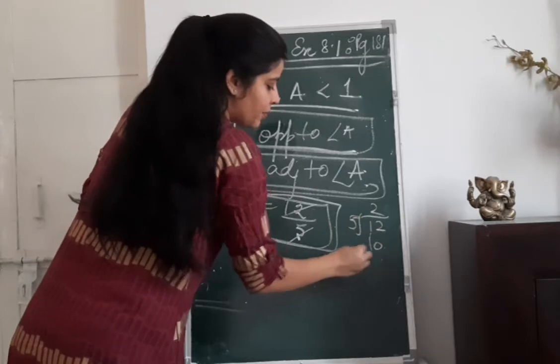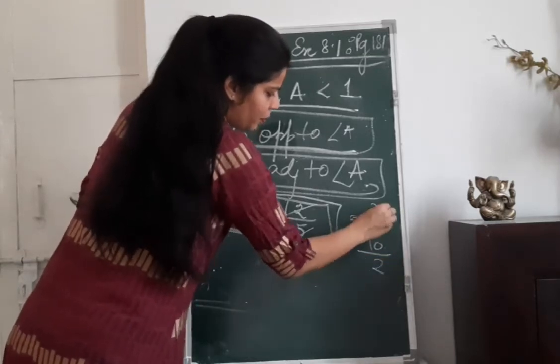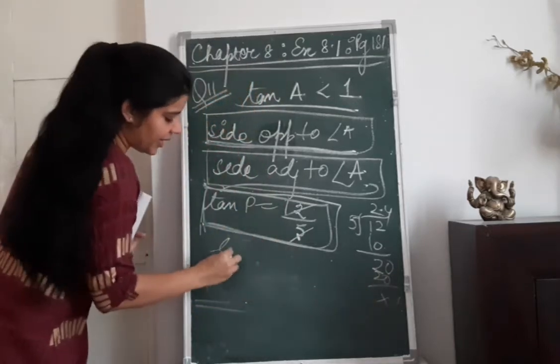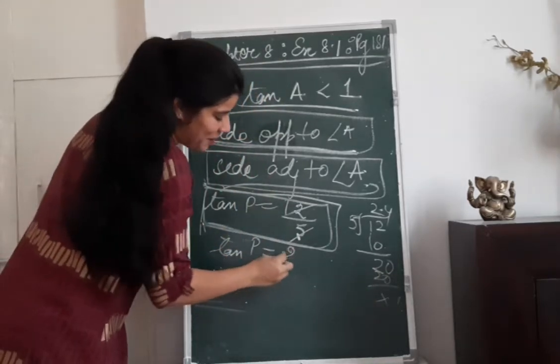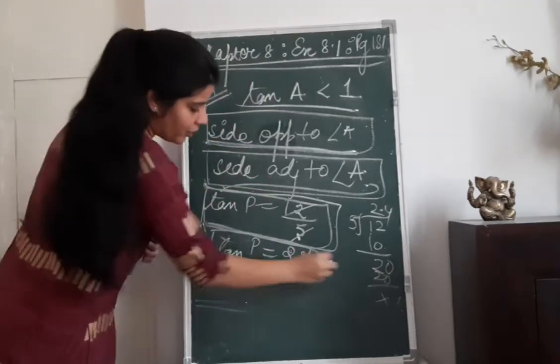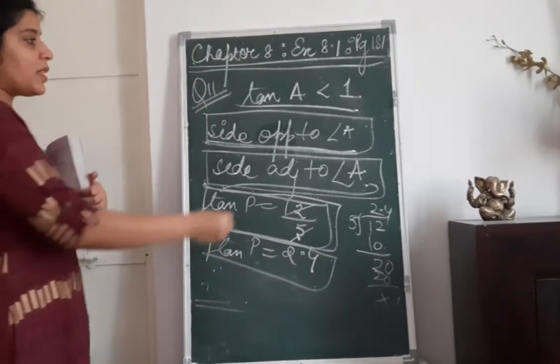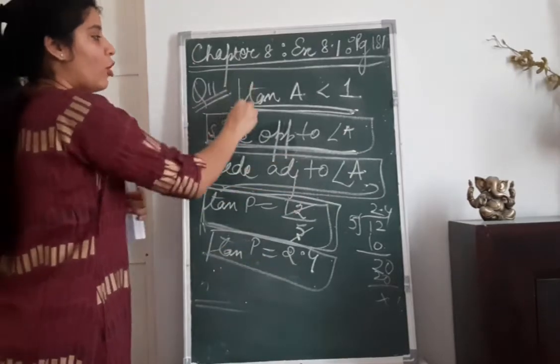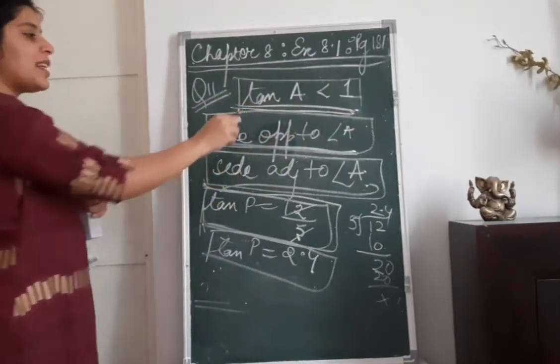See, 5 twos are 10, 5 fours are 20. So tan P for question number 10 is equal to 2.4, which clearly does not follow the statement that tan P is always less than 1.